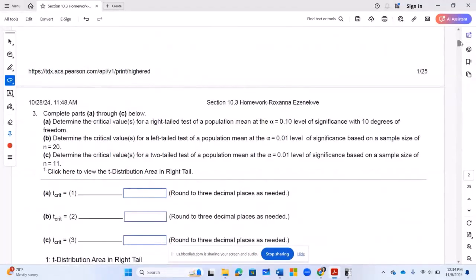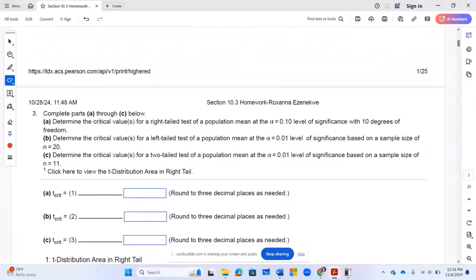Complete parts A to C. Determine the critical value for a right tail test of a population mean at alpha equal to 0.1, with 10 degrees of freedom. By the way, let's make sure we review degrees of freedom.